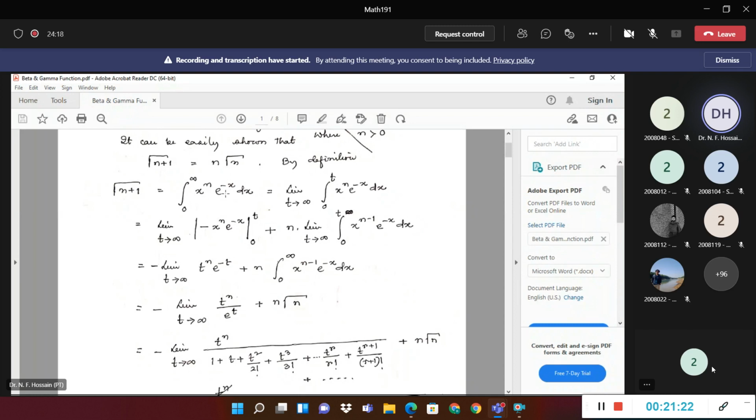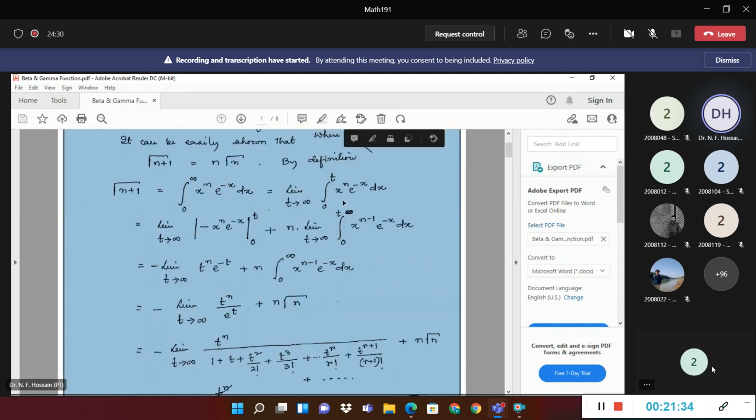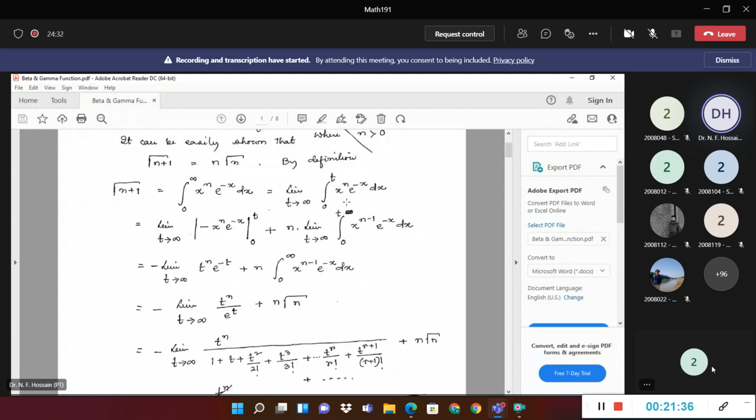We perform this integration. We write t for this infinity and then take limit t tends to infinity. Then we apply the method of integration by parts. Here we are taking x to the power n as the first function and e to the power minus x as the second function. So limit t tends to infinity will be there in both the terms, and here x to the power n into minus e to the power minus x, with the limit 0 to t.